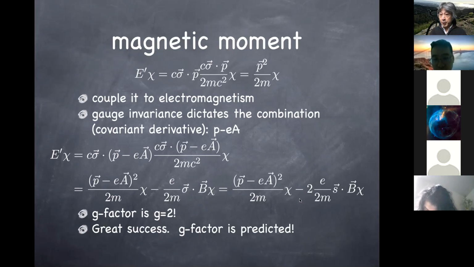There's another term called the Darwin term, which you also need for getting the correct energy spectrum for the hydrogen atom. And all of them come out, again, predicted from Dirac's theory with no ambiguity. So that's a tremendous success, even just beyond the g factor, if you like. It's a very non-trivial success in the end. So thank you for asking the question. Okay, does that answer your question?